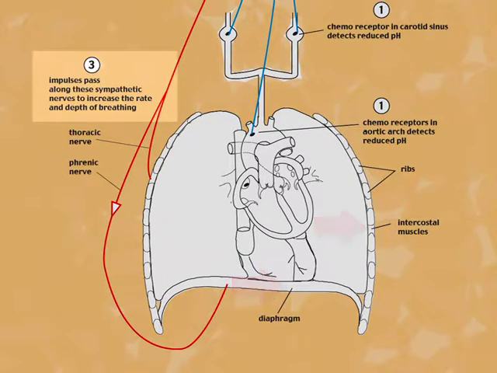This results in an increase in the rate and depth of breathing and flushing out of the excess carbon dioxide. When the level of carbon dioxide in the blood falls, then the chemoreceptors stop stimulating the inspiratory center and the ventilation rate returns to normal.